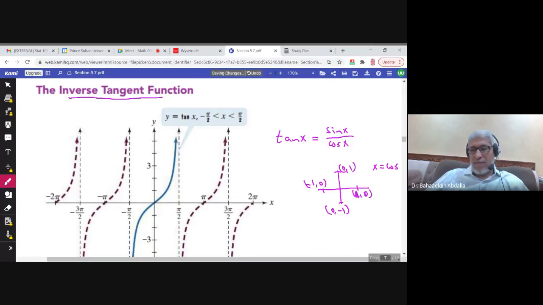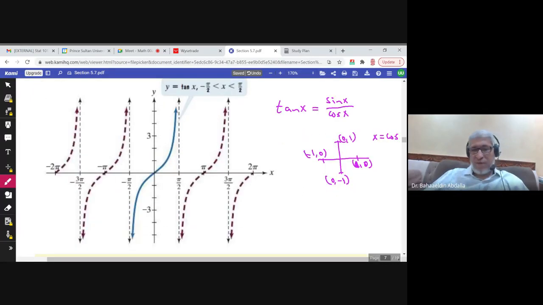So x is 0 here at pi over 2 and 3 pi over 2. So cosine is 0 at pi over 2. So at pi over 2 and 3 pi over 2, tan is not defined, and we have a vertical asymptote. Also at negative pi over 2 and negative 3 pi over 2.